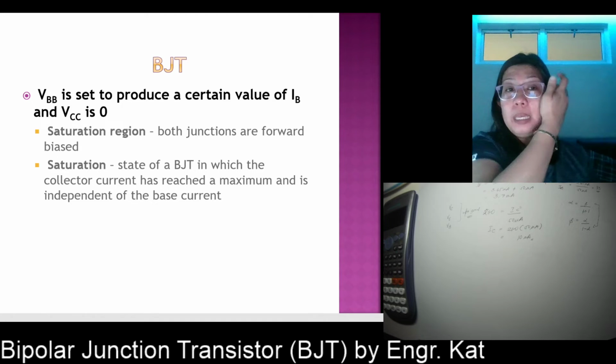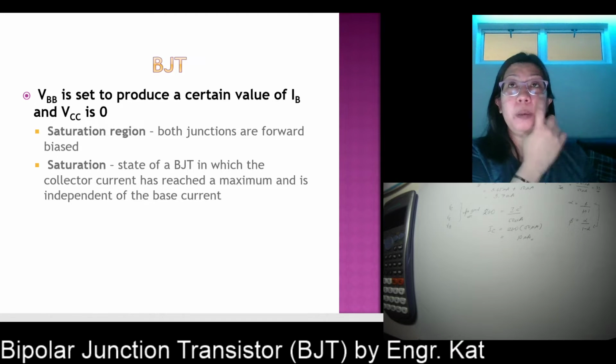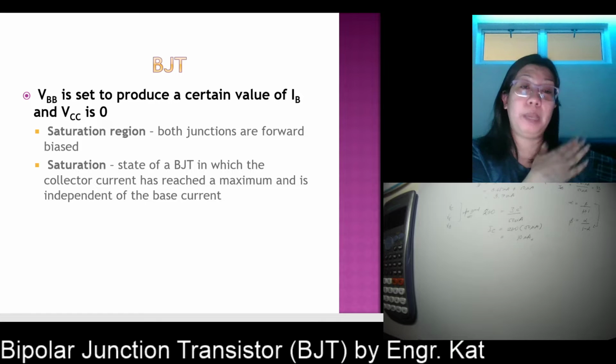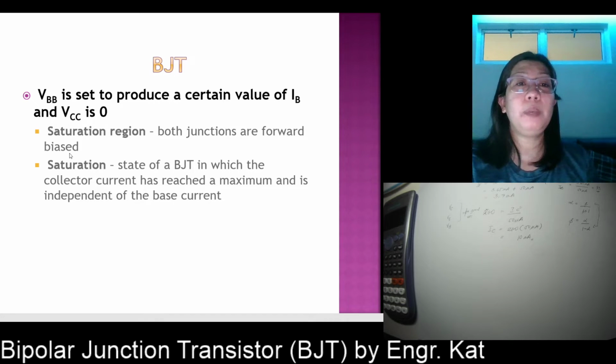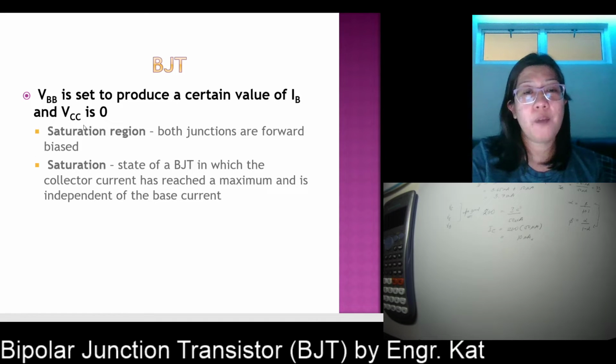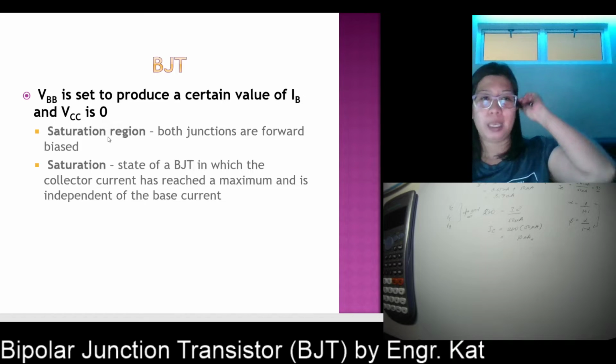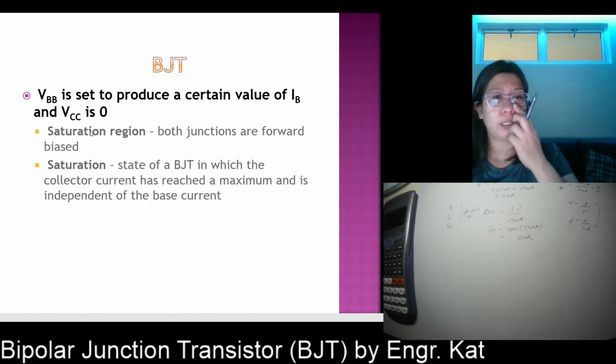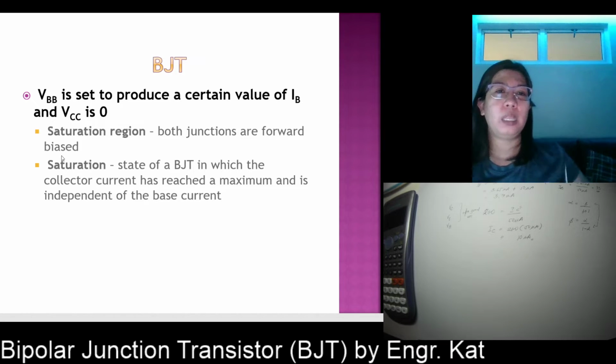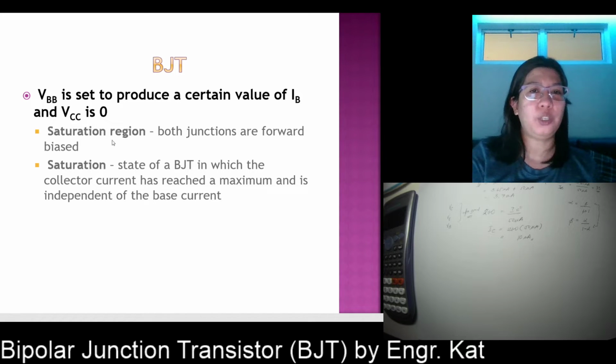VBB is the source at the base. VBB is set to produce a certain value of IB, and VCC is 0. When your VCC is equal to 0, it is said to be in the saturation region.